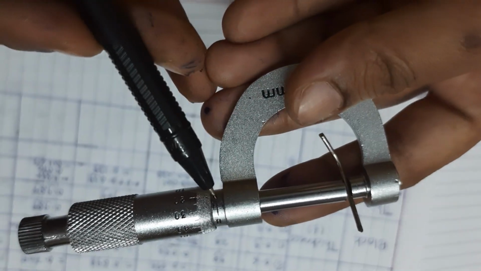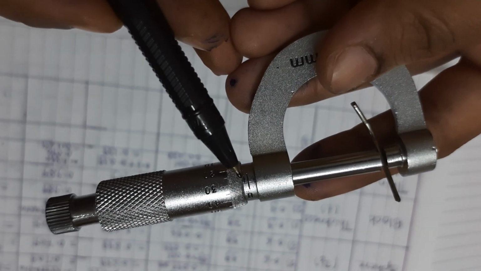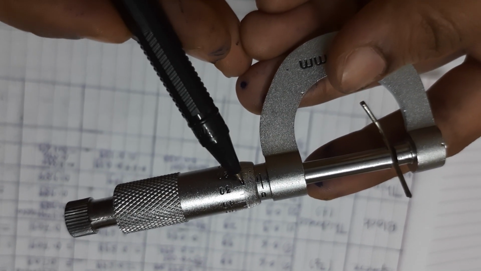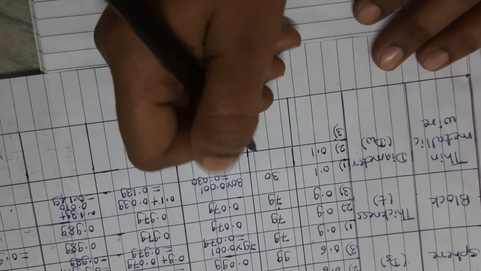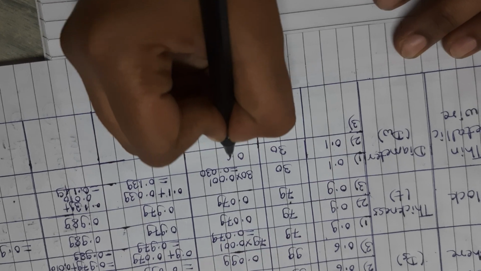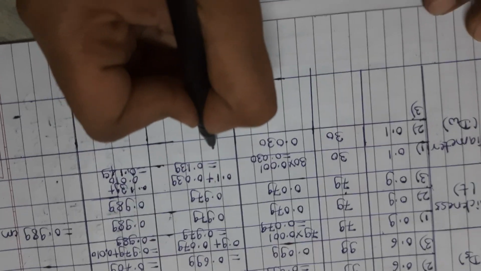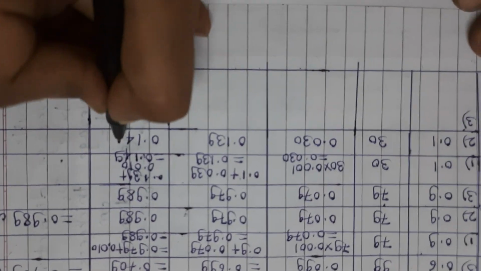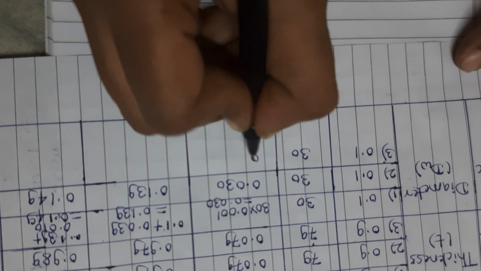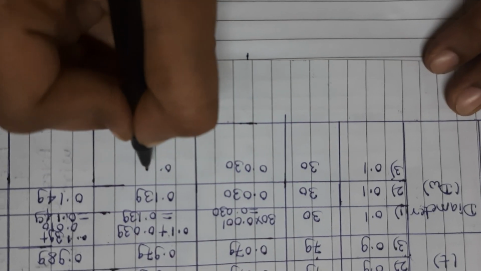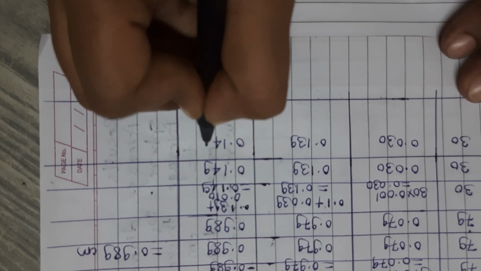See here, main scale reading is 1 millimeter or 0.1 centimeter, and CSD is 30, and therefore the second and third readings are the same: main scale reading is 0.1, CSD 30, CSR is 0.030, total reading is 0.139, corrected reading is 0.149.